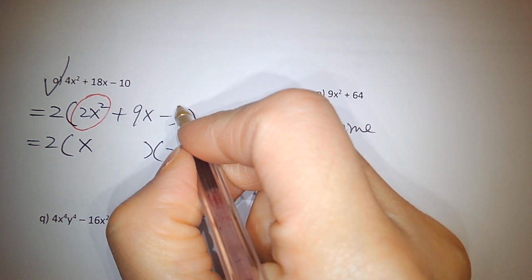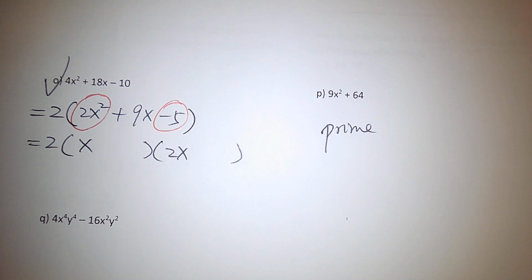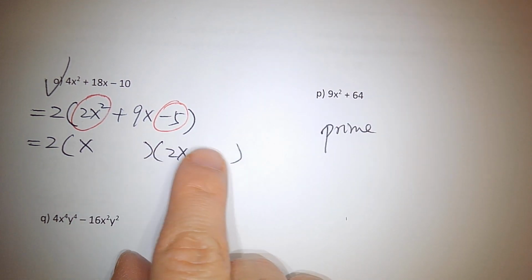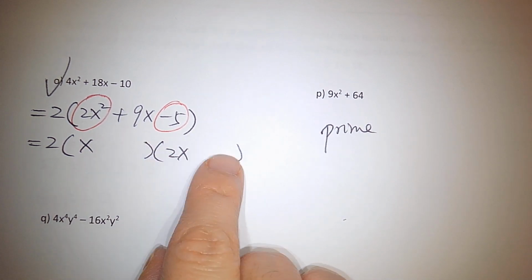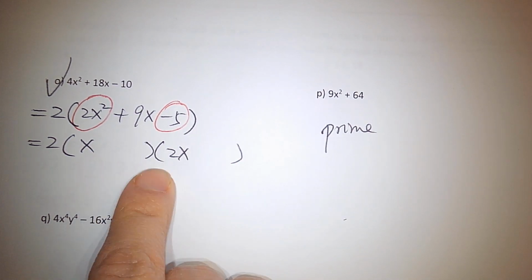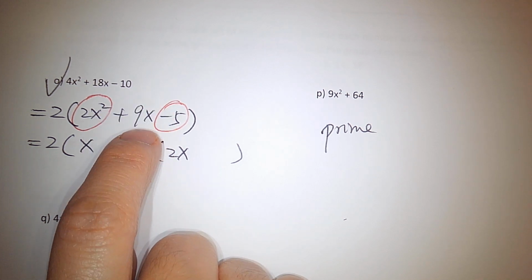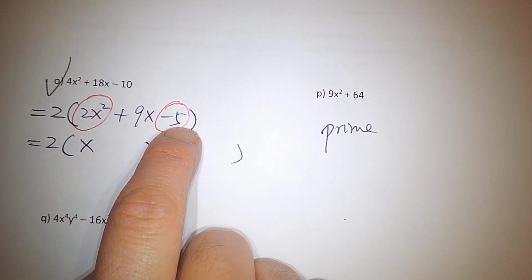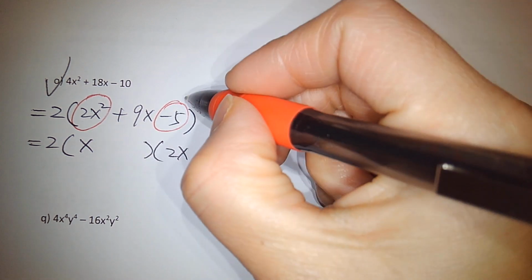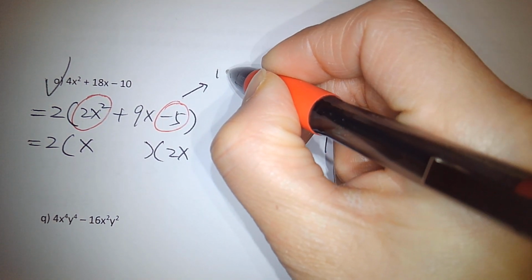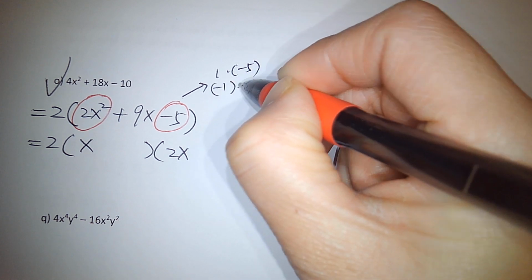Factor the negative 5 into two factors. Then we put those two factors inside these two parentheses, one in each, and see whether the middle term matches or not. Negative 5 can only be factored as 1 and negative 5, or negative 1 and 5, right?